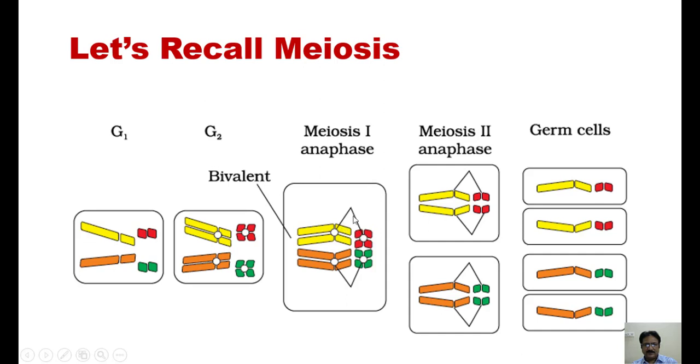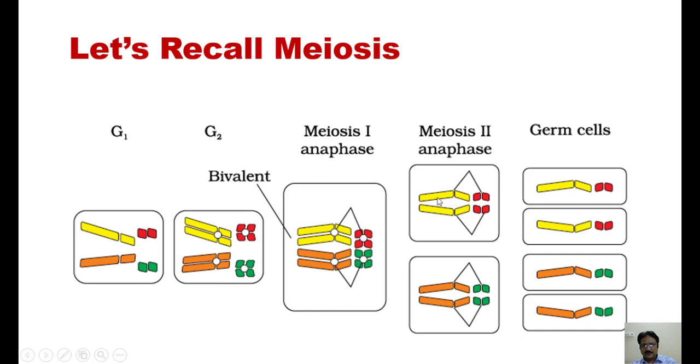Now let us see what happens during anaphase 2. These two, yellow and red, go to one cell, orange and green go to another cell. Anaphase 2 occurs in both the cells. In this cell what happens? In anaphase 2, the most important part is the division of the centromere.